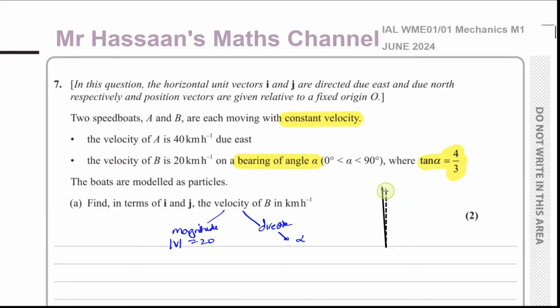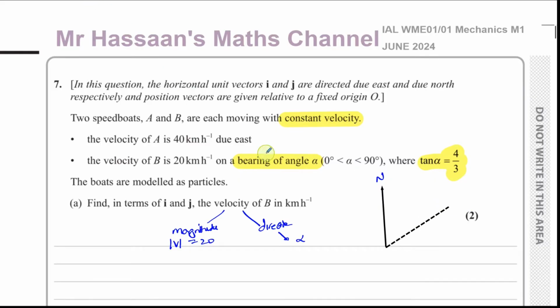Which angle? The angle between the north line and this line. The angle in a bearing is always measured from the north line clockwise, so along this line somewhere, where this angle is alpha, and the tan of alpha is 4/3.